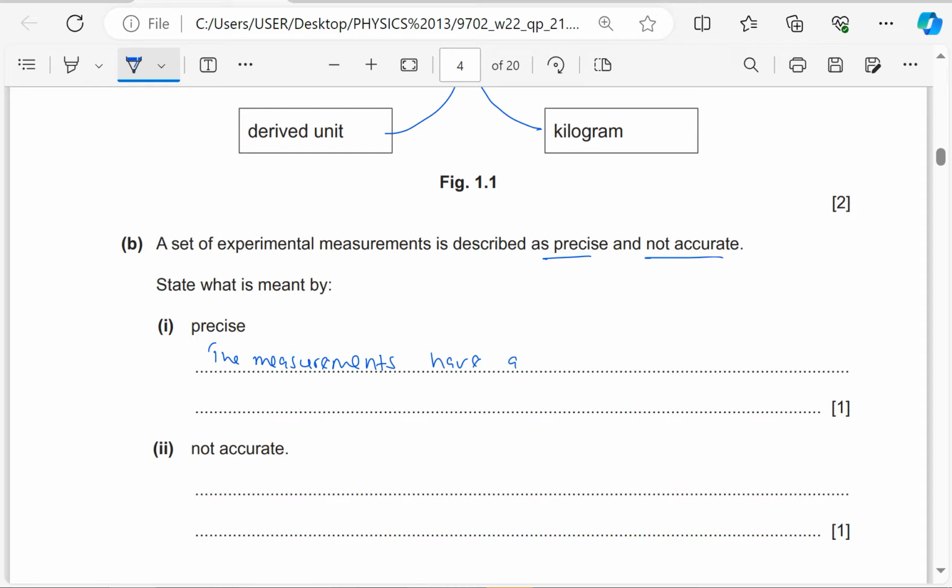If the range between the highest and lowest measurement is very small, then we say the measurements are precise.